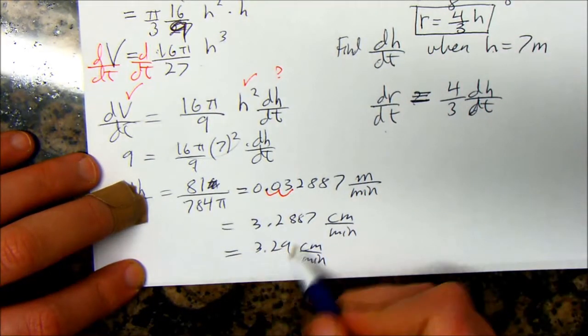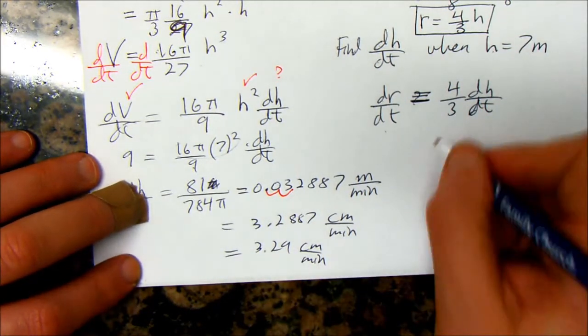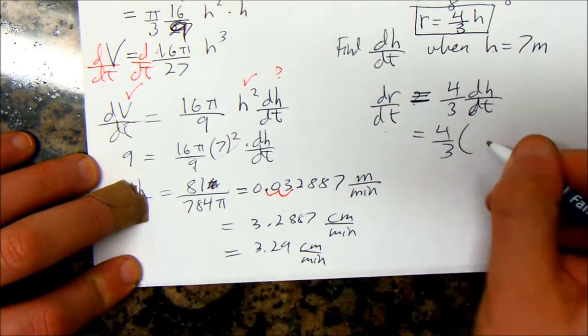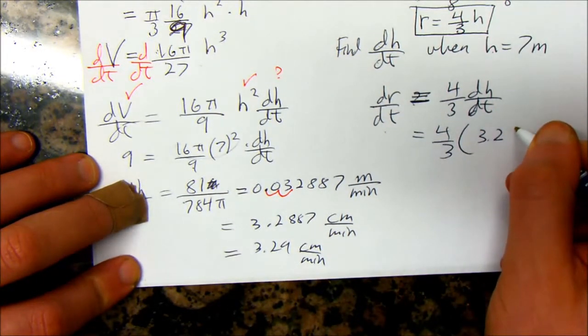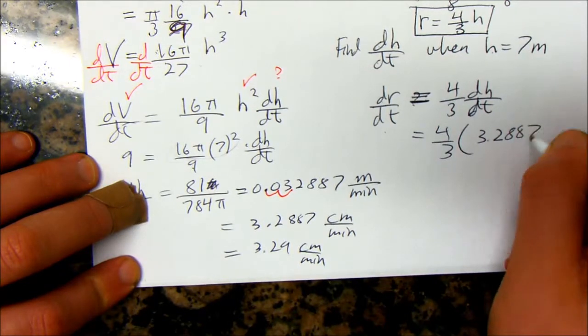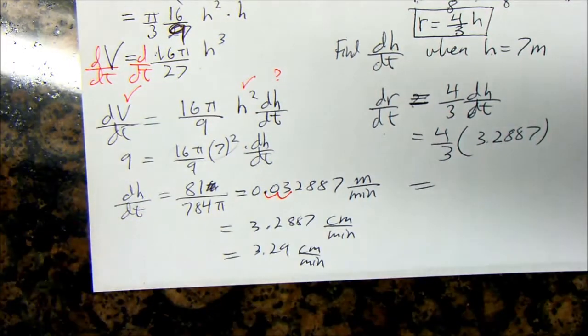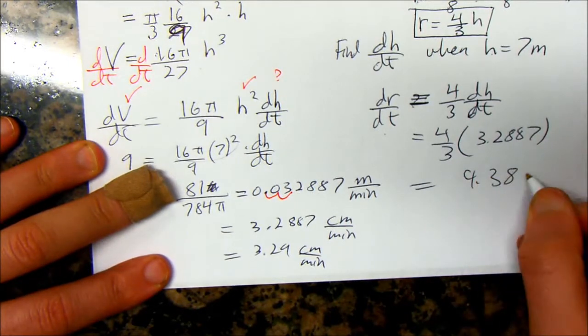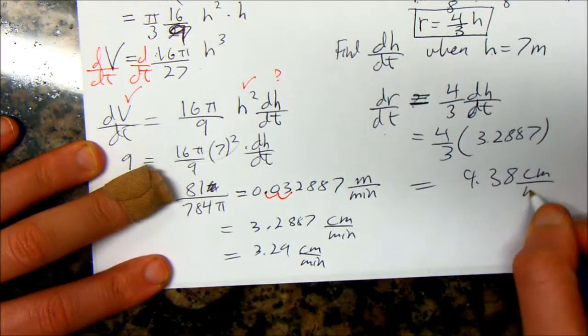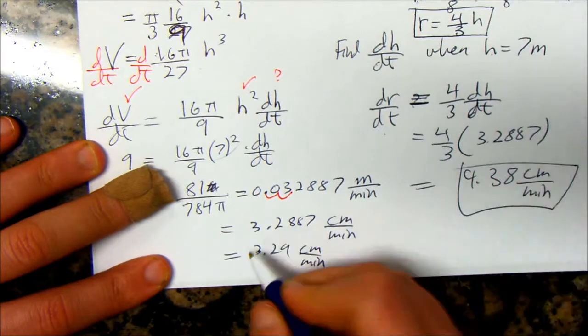So I just multiply this answer by 4/3. 4/3 times 3.287, the not rounded off answer. Remember, don't round off till the very end. Times 4 divided by 3. So I got 4.38 centimeters per minute, which is the correct answer. So there's the two correct answers.